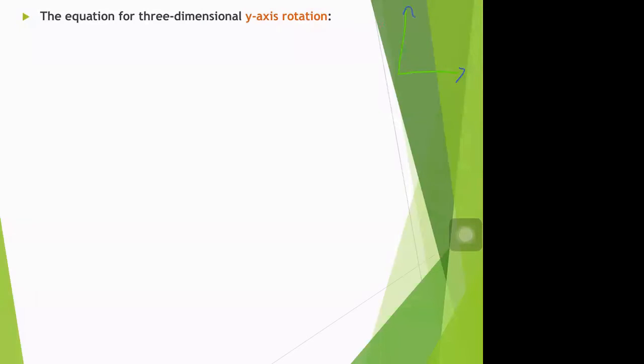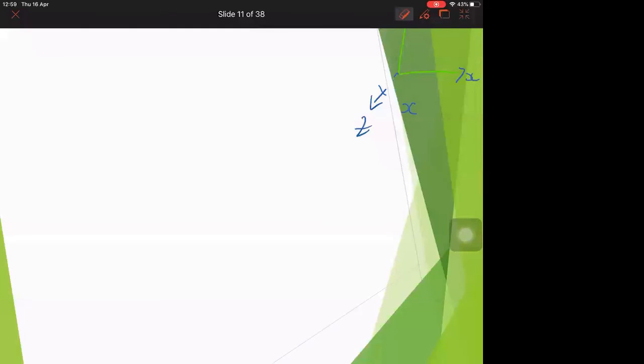So y-axis, I have x, y, and z. So it is rotating like this. Which one is crossing first, coming across? Oh, sorry, we are in y. We have done with z, right?